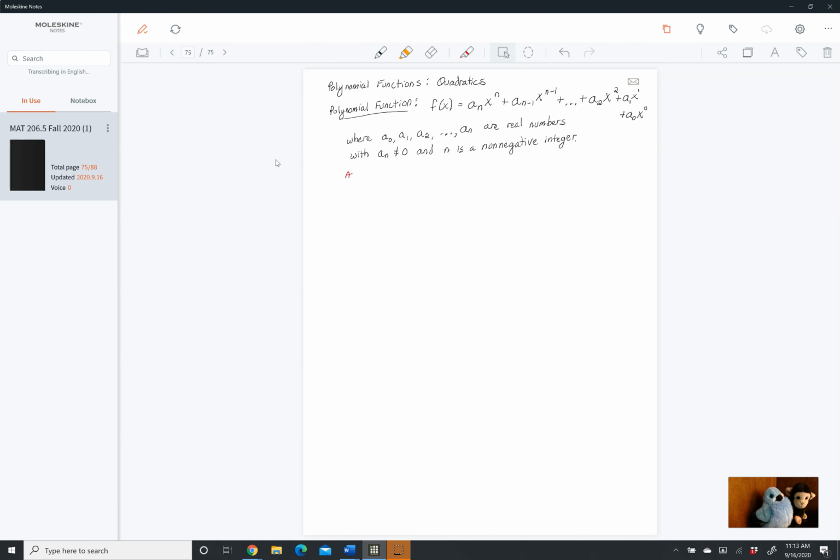A polynomial function is identified by its degree.